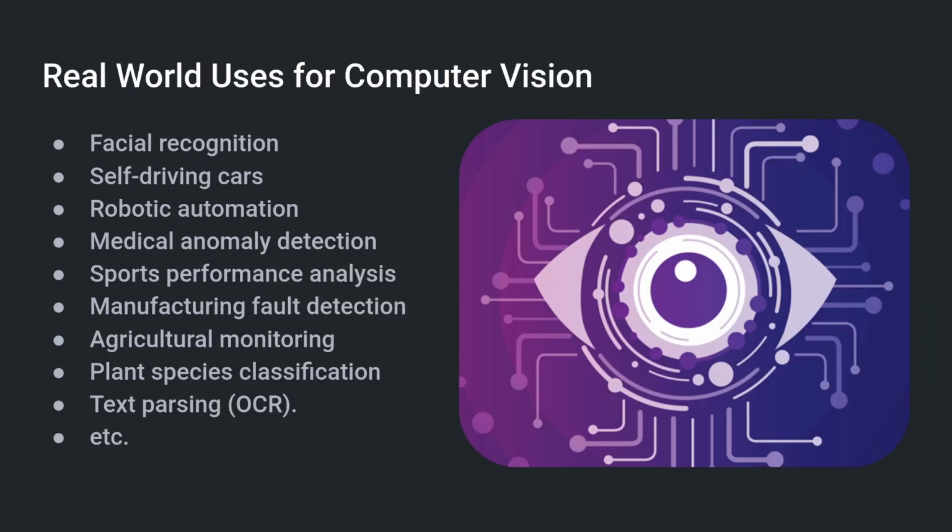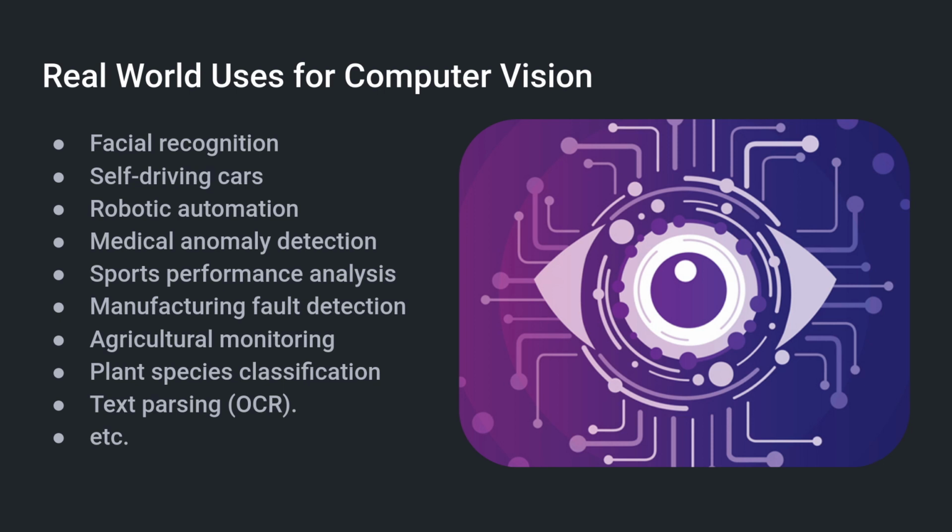All right, so what are some real-world uses for computer vision? So, one example, facial recognition. A lot of phones in the present day have the ability to unlock using a facial scan, and this is computer vision. It's using an algorithm to scan your face and detect that it is you.